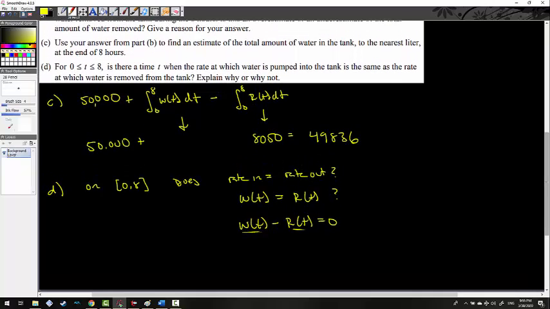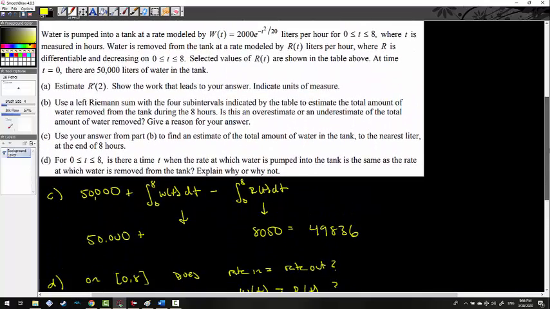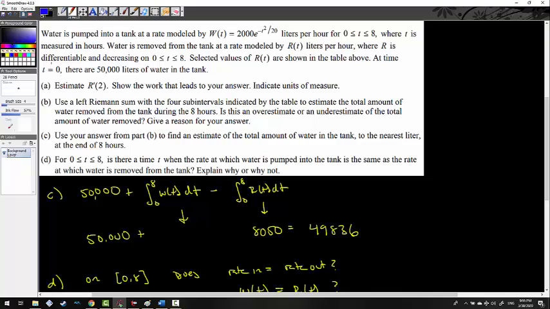To use the intermediate value theorem, I first have to establish something I already know: that these functions are differentiable. And when they're differentiable, it implies that they are continuous.